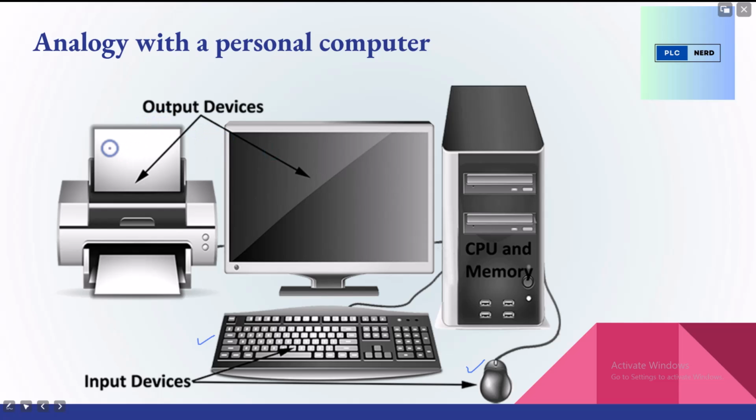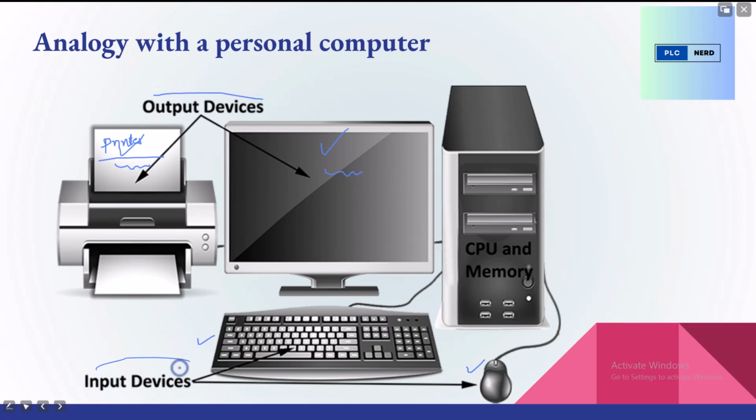We have output devices like a printer and a monitor, and these devices output or show the data from the CPU. In the case of a monitor, it is displayed on the screen, and the output data in the case of a printer is displayed on a document, right? So these are the output devices.